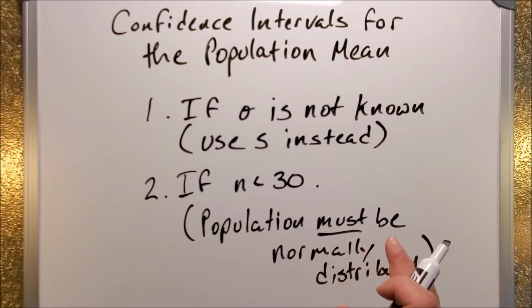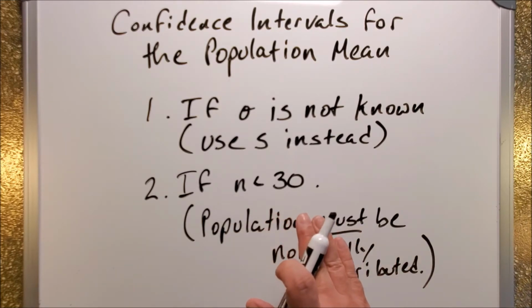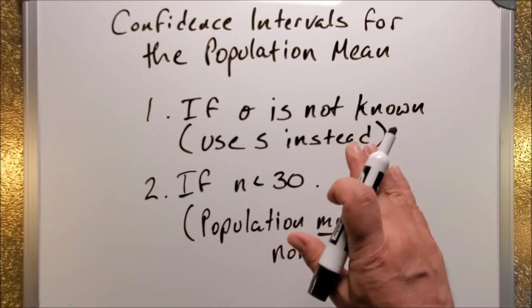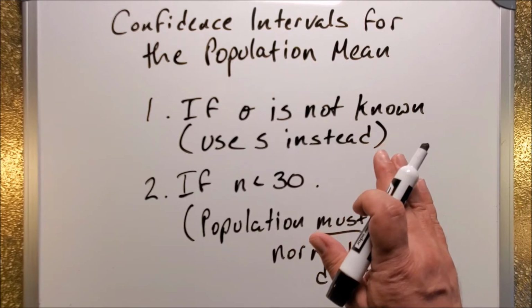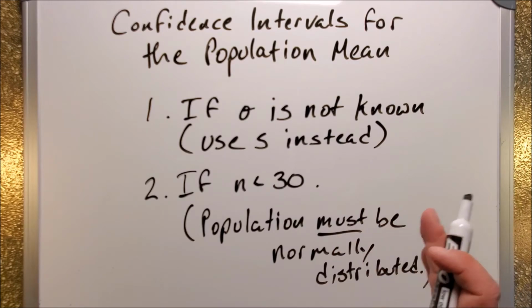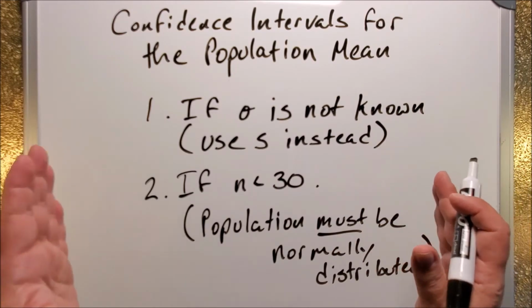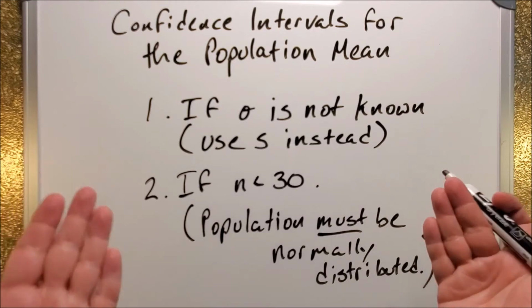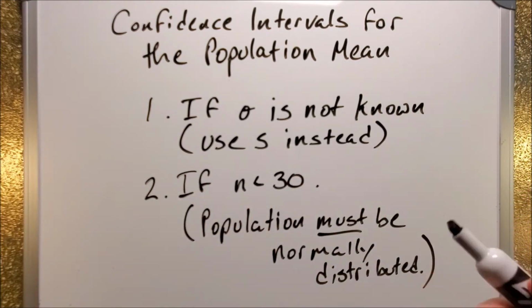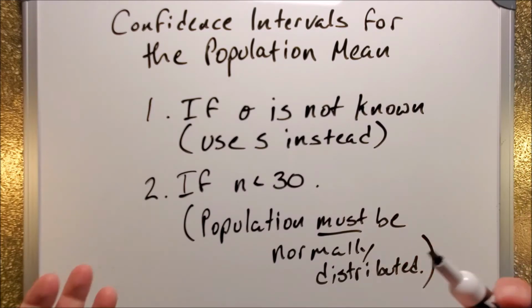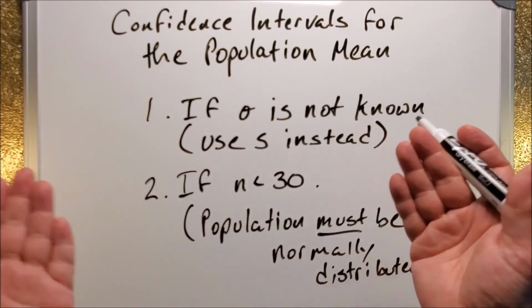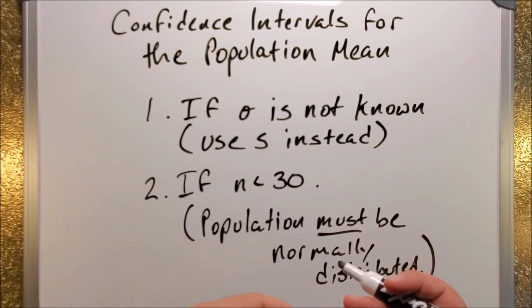It's just that we no longer can rely on the sample size to assure us of the normal shape of the sampling distribution that we're relying on as fundamental to the confidence interval. So since we can't rely on a normal distribution for our sampling distribution anymore, we just need to know from some other method that the population is normally distributed. From the student's perspective, you're just going to be looking for, in the question, does it say the population is normally distributed? If it does, you can proceed that way.